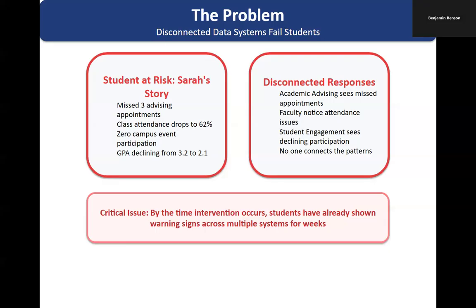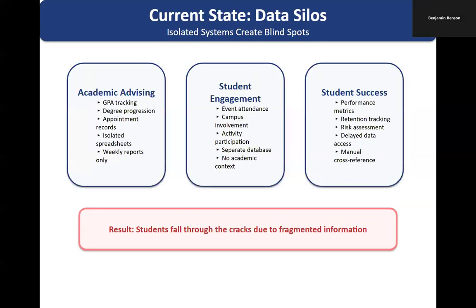And unfortunately, no one is really there in the middle to make sure that all of these things are tracked properly. So, what this normally leads to is that intervention occurs way too late. They've already demonstrated these warning signs, and in some cases, they may have already unenrolled from a university.